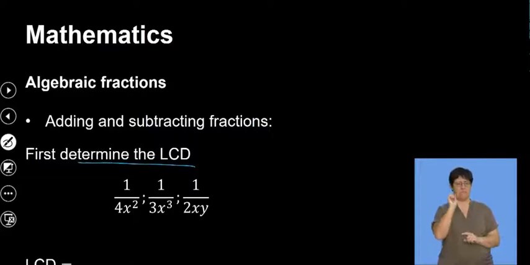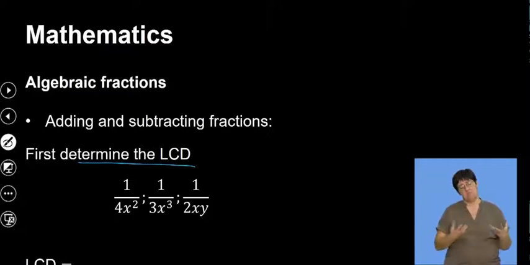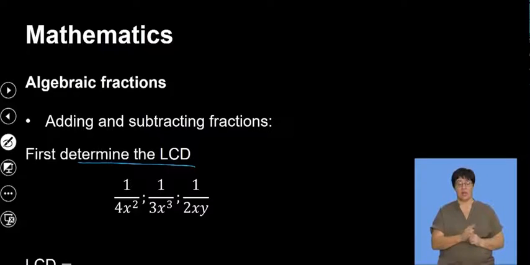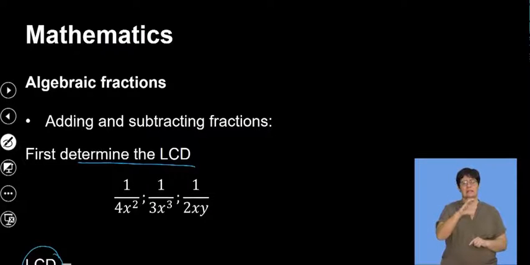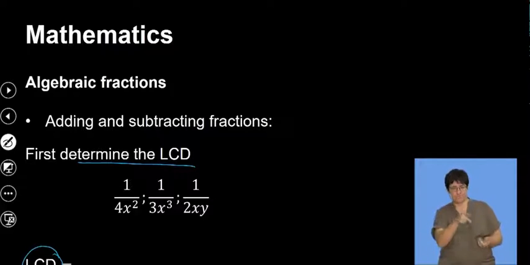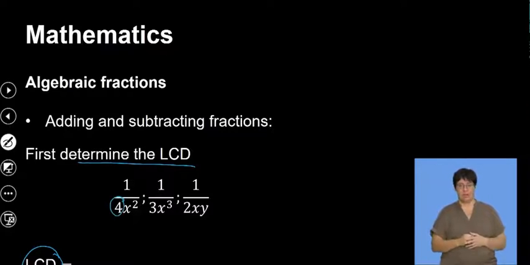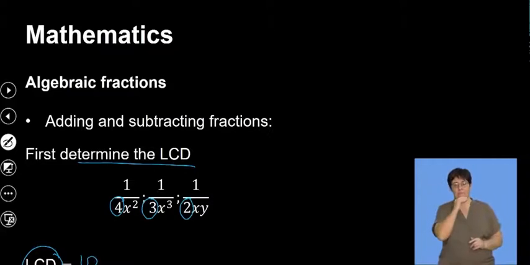Now, for example, if I have 1 over 4x squared and 1 over 3x cubed and 1 over 2xy, you must find the LCD. The LCD must be a number such that all the denominators are divisible into it without leaving a remainder. So a number that 4 and 3 and 2 can go into and not leave a remainder will be 12, right?